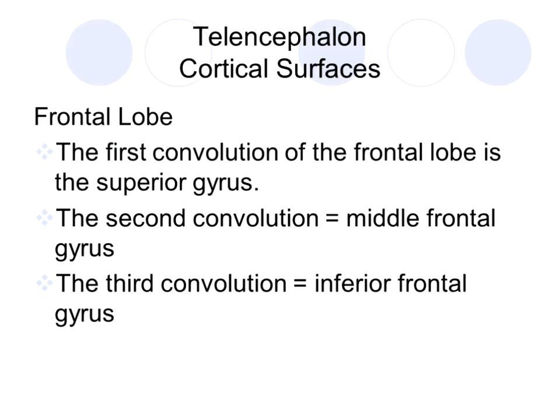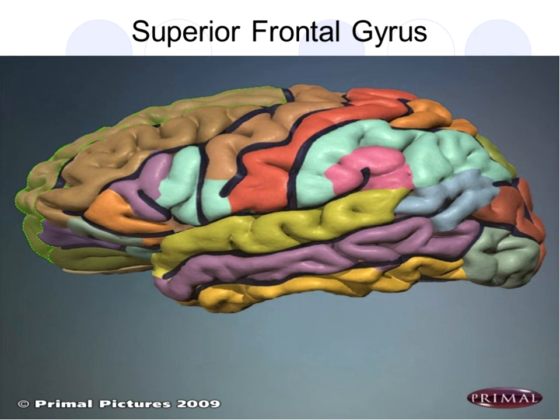Now, the first convolution of the frontal lobe is the superior gyrus. So convolution is gyrus. The second convolution is the middle frontal gyrus, and the third convolution is the inferior frontal gyrus. And so here is the superior frontal gyrus here, outlined.